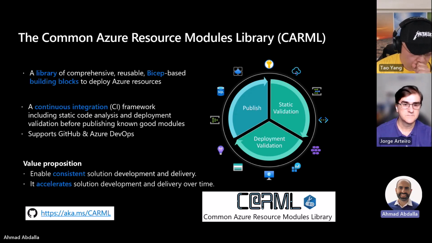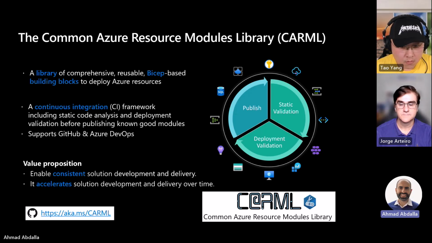The whole value proposition and goal of CARML is to enable consistent solution development and delivery. It's opinionated in how modules are structured and defined, and it applies those principles and concepts across all the different modules inside the library. We try as much as possible to keep alignment to the Azure template reference documentation as well.